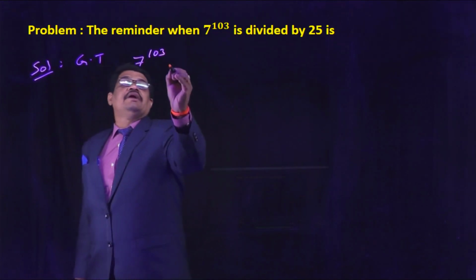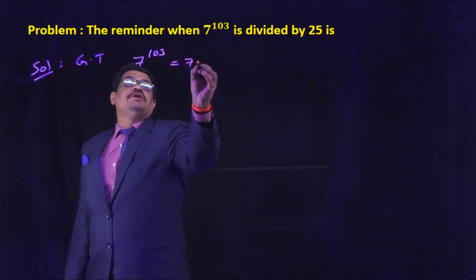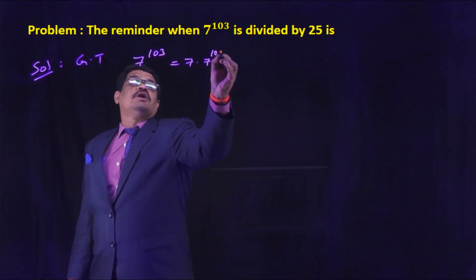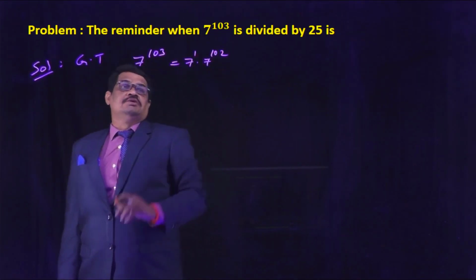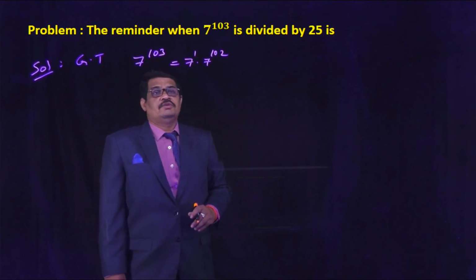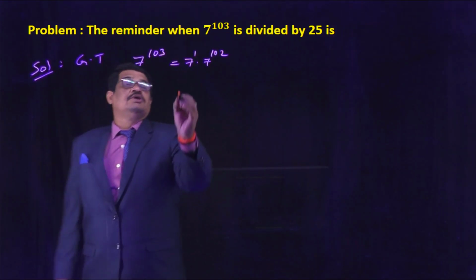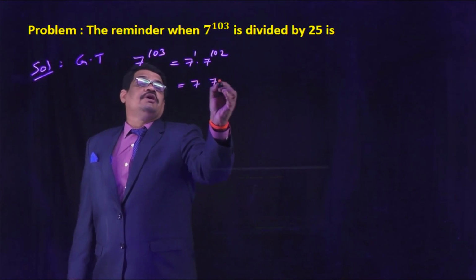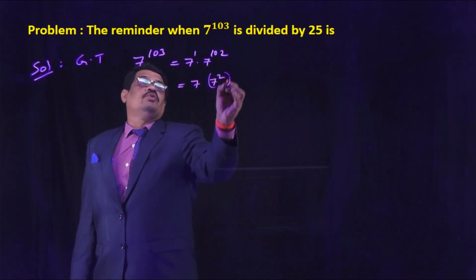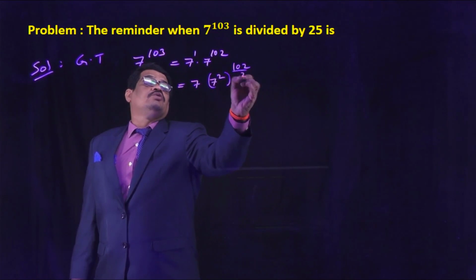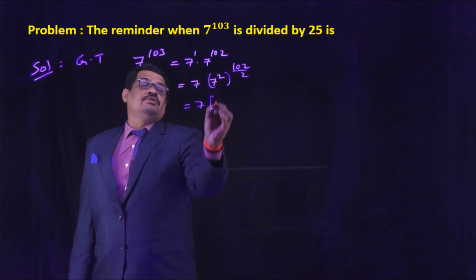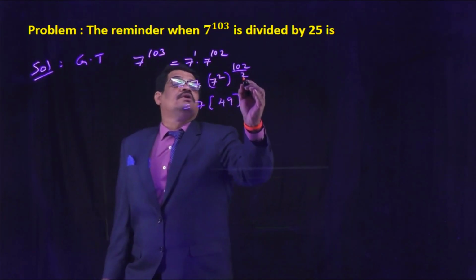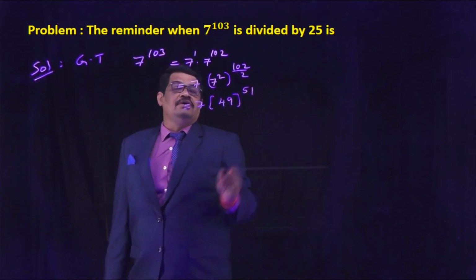Now this can be written as 7 into 7 to the power of 102, that is 7 to the power of 1 times 7 to the power of 102. That is equal to 7 into (7 square) whole power 102 by 2, that is 7 into 49 to the power of 51.